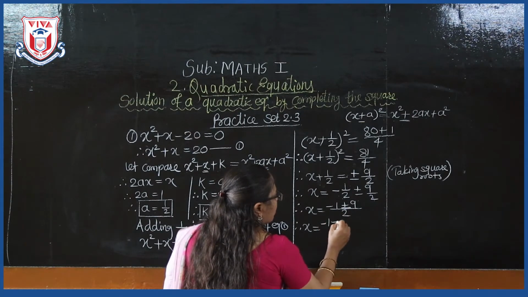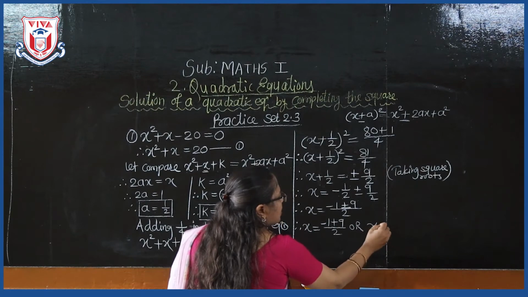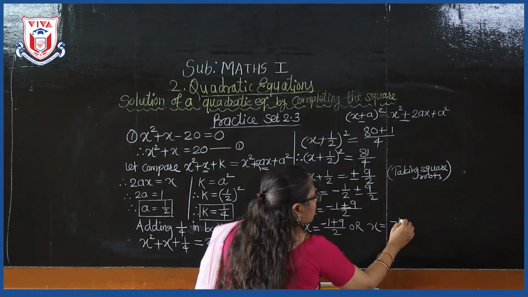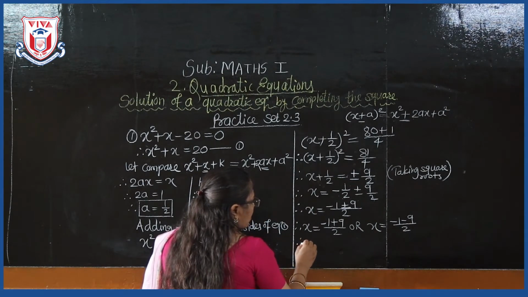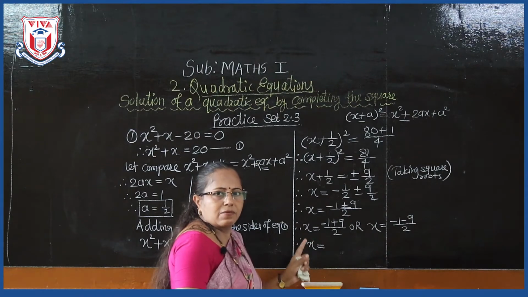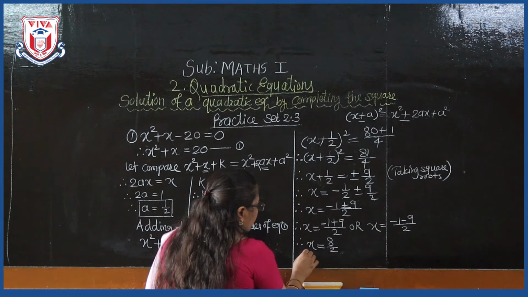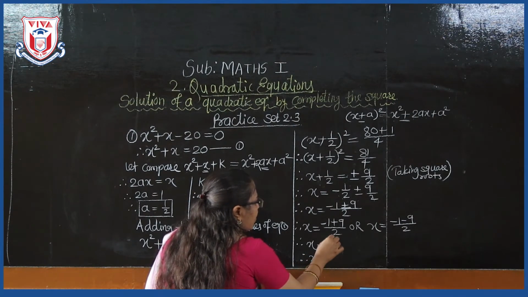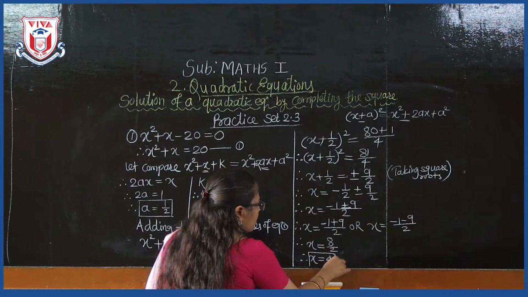So x is equal to minus 1 plus 9 upon 2, or x is equal to minus 1 minus 9 upon 2. So minus 1 plus 9, 9 minus 1, 8. 8 upon 2. So you can divide this. 2 fours are 8. So x is equal to 4.